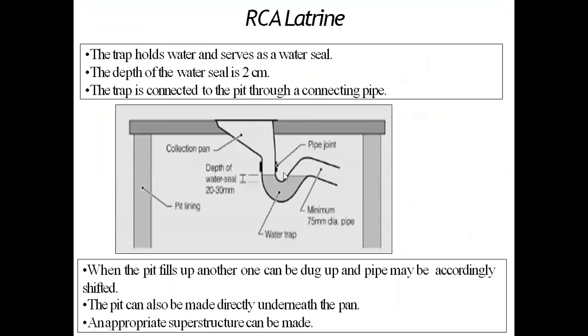Here you can see this is a trap, and the first end is connected to the water closet, and the last part is connected to the connecting pipe. It is called a trap because it traps a certain amount of water and provides a water seal. So here you can see the water is trapped in this portion and it acts as a water seal.